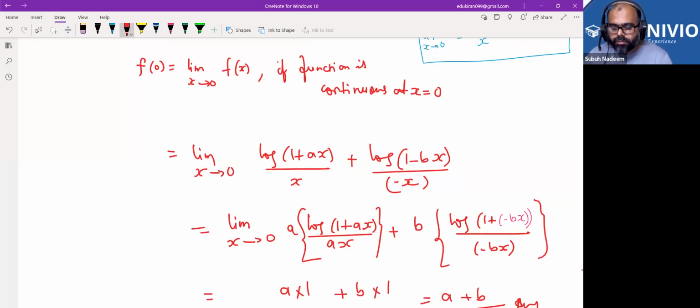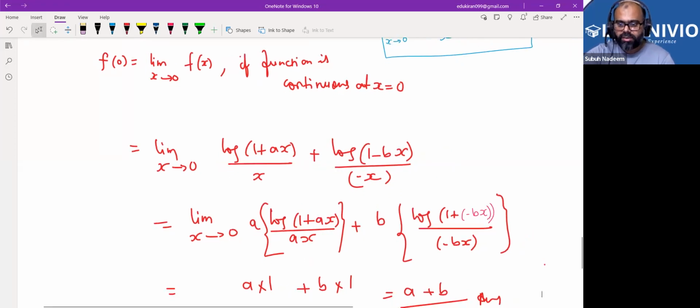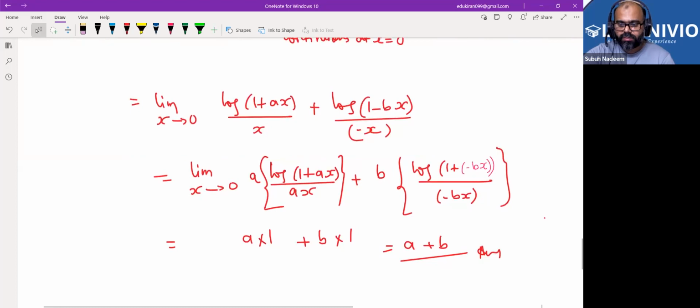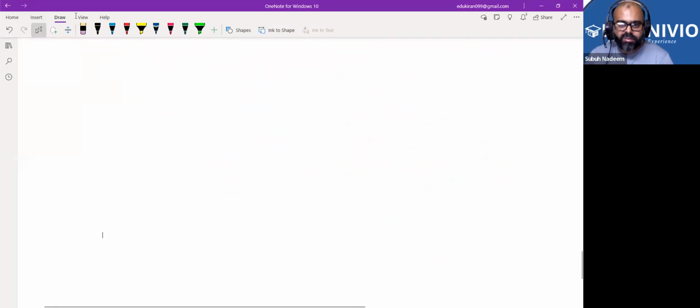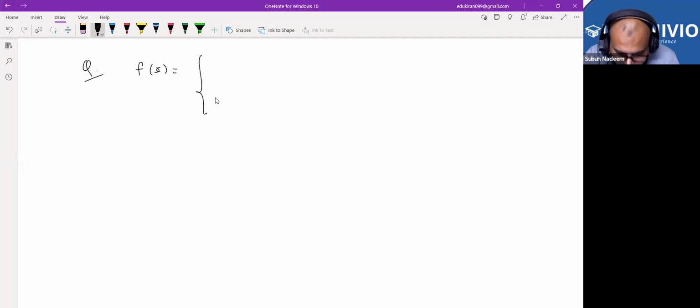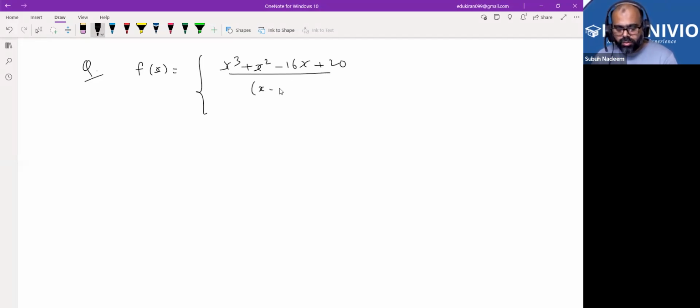So next we have f(x) is equal to x cube plus x square minus 16x plus 20 upon (x minus 2) whole square if x is not equal to 2, and it is k if x is equal to 2.